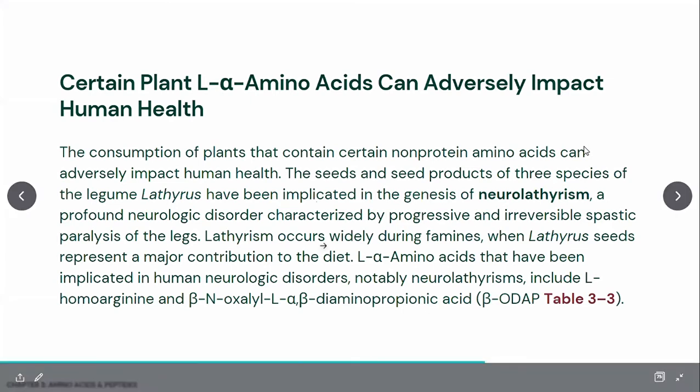Lathyrism occurs during famine when the Lathyrus seeds are used as food. So this brings about paralysis.